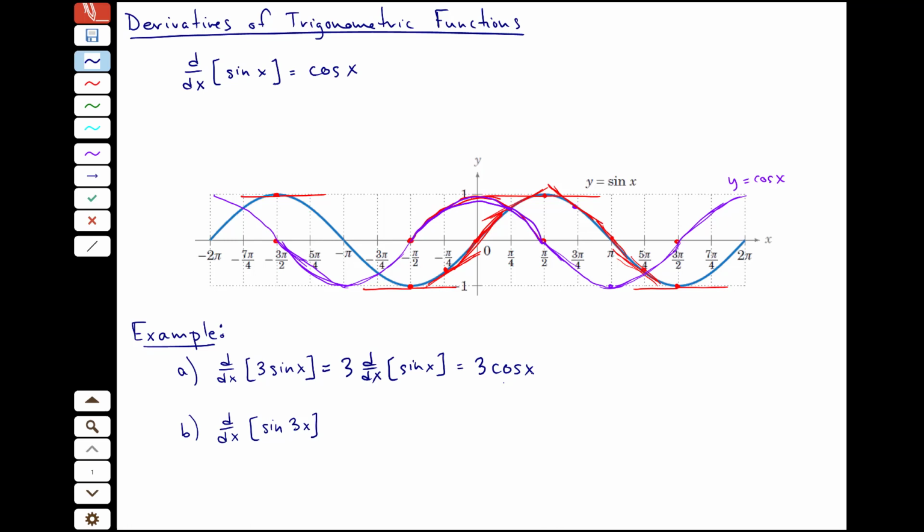On the other hand, if we consider the derivative of sine of 3x, here I have one function inside of another function.